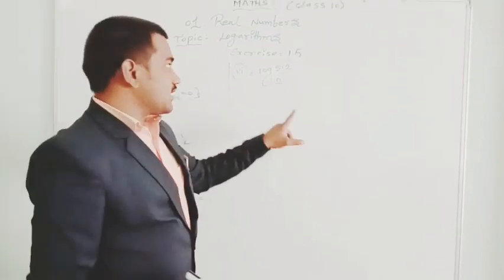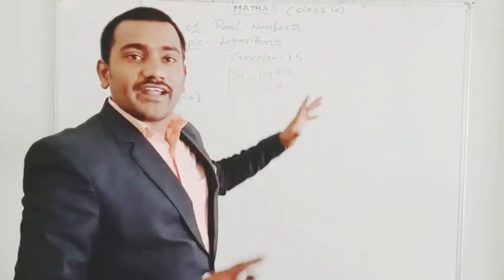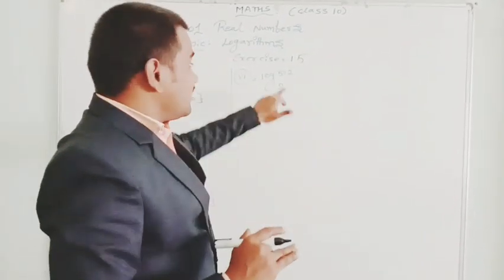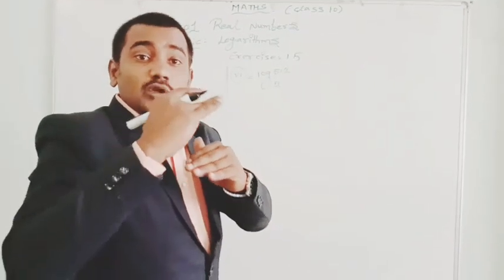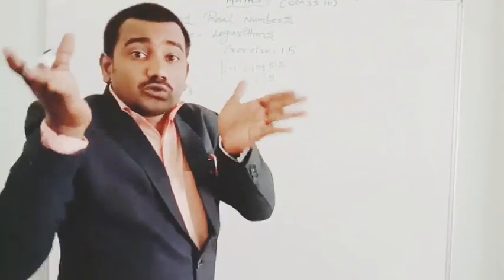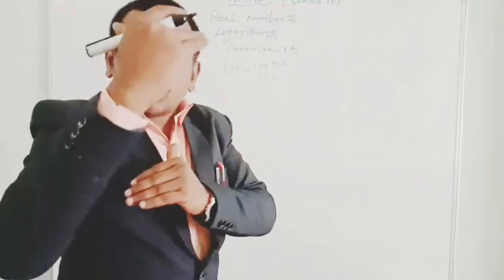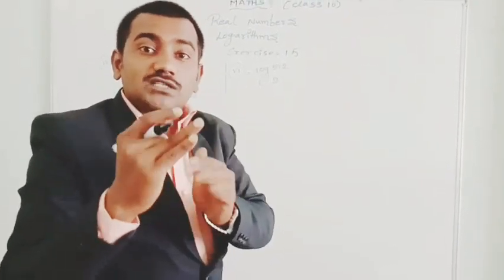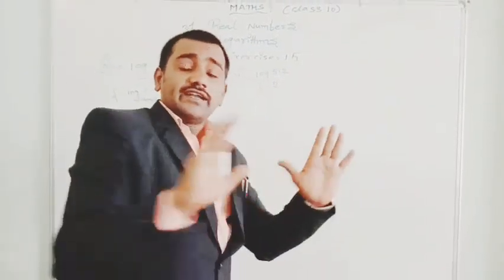Always you need to think that here 2 cannot be written as a power of 512, but this 512 we can write as 2 to the power of something. Always you need to think that the base values of the log should be equal. If it is possible, we need to make them equal, or else we need to leave it.